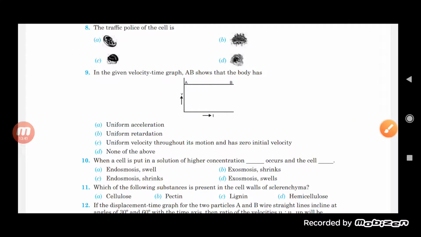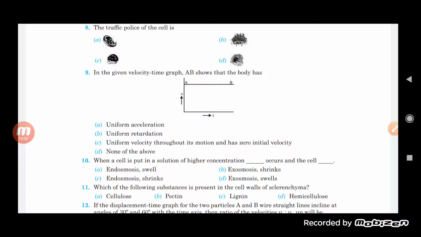Now the ninth one, in the given velocity time graph, AB shows the body has uniform acceleration, uniform retardation, uniform velocity throughout its motion, zero initial velocity, or none of these.